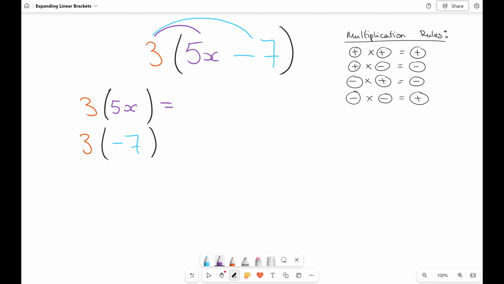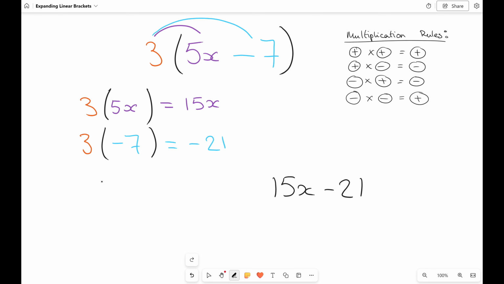So 3 times 5x is 15x. And 3 times minus 7 is minus 21. Yeah? So now we've done our calculations. We've times the 3 by the 5x and we times the 3 by the minus 7. So now that we've done this, this is literally our answer. So the answer is 15x minus 21.